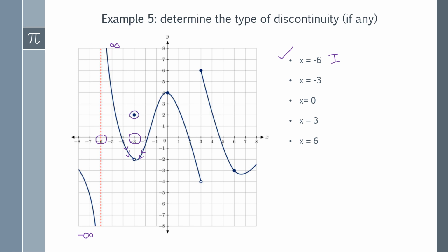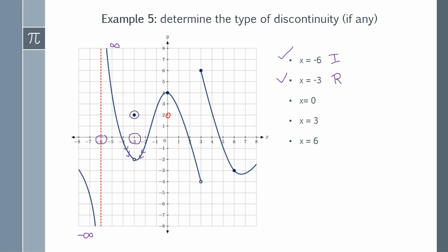That's indicated by that solid dot. So the value of the function at -3 is 2. It's this value right here. So even though the limit does exist, the function is discontinuous at that point. What is the type here? This is what we refer to as removable discontinuity.